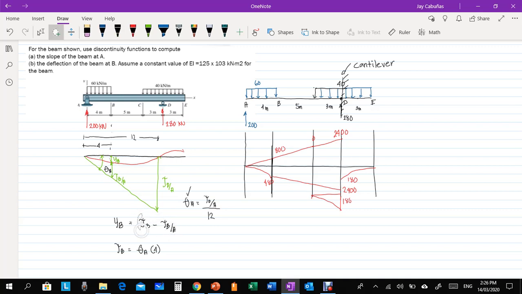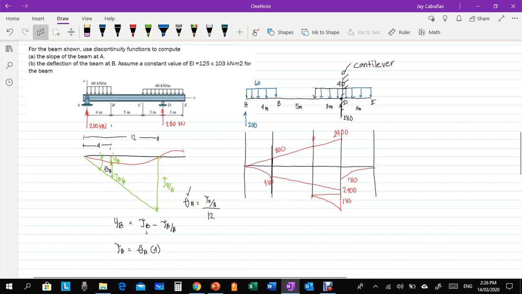So how do we compute for deflection B? Deflection B is just theta A times 4. Oh, that is, no? Theta A, we have the angle, times the length 4. So that is the length, the height. Okay? So this one.